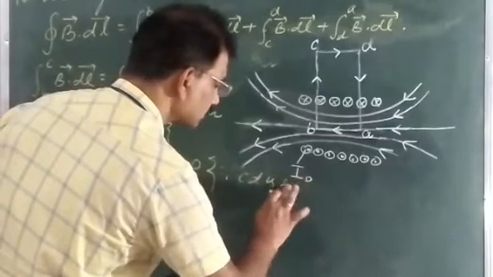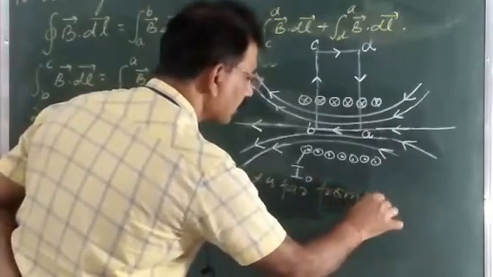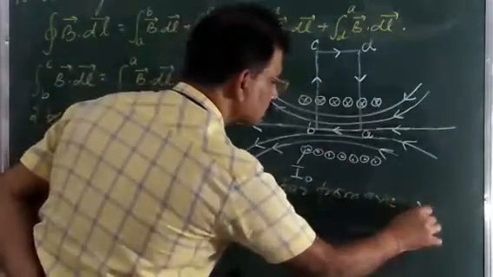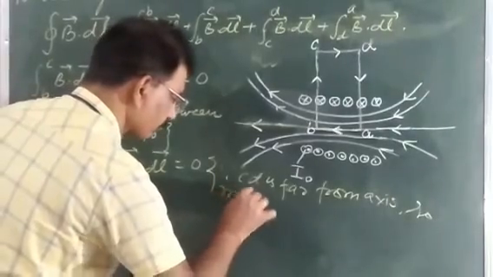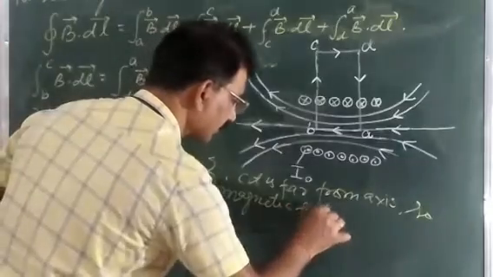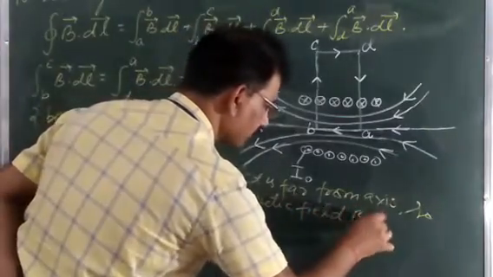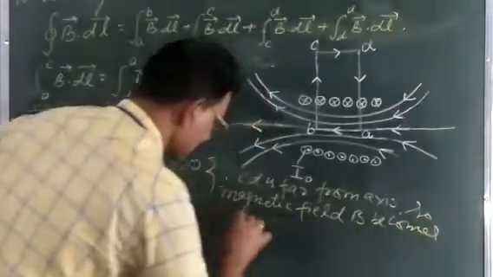CD is far from the axis. So the magnetic field B becomes negligible.